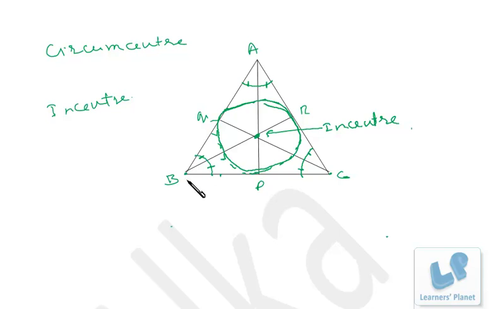This is tangent, and this is tangent, right? So this is the in-center. Okay, you got the difference from the circumcenter. Through the circumcenter you can draw a circumcircle. Through the in-center you can draw an incircle. Incircle inside the triangle, circumcircle outside the triangle.